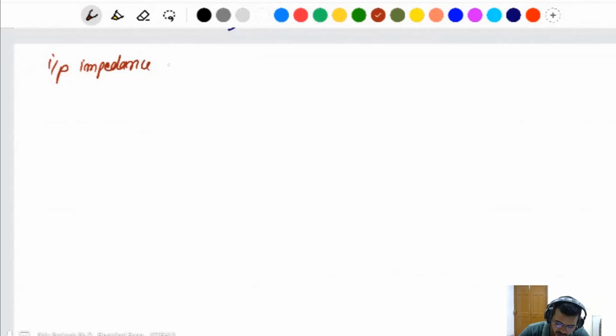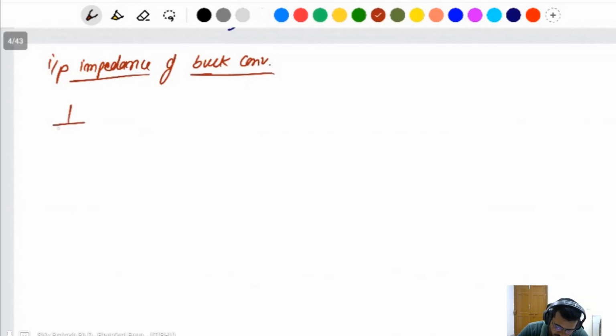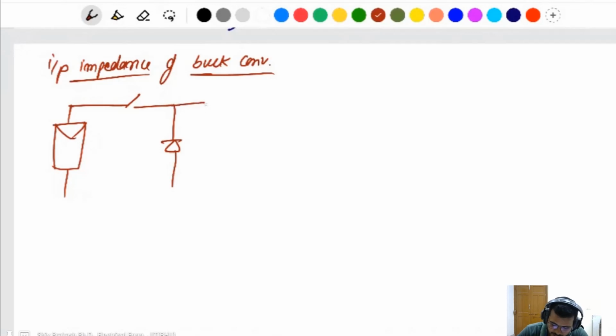Input impedance of the buck converter. Buck converter, you know of the circuit. This is the switch, freewheeling diode. This will be an inductor, the output capacitor and resistance.